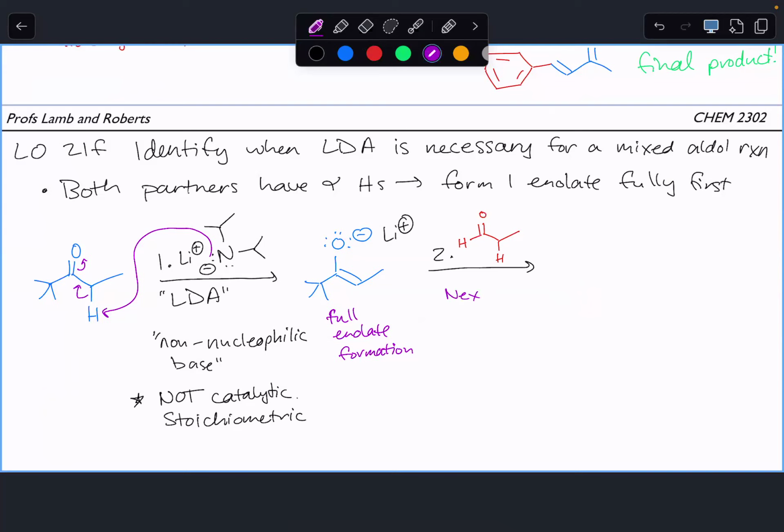So this is a next step. If you mix everything together, you'll get multiple enolates. So it must be a second step. But now we have an enolate, we introduce an electrophile, and the nucleophile attacks the electrophile. Nothing has changed there.